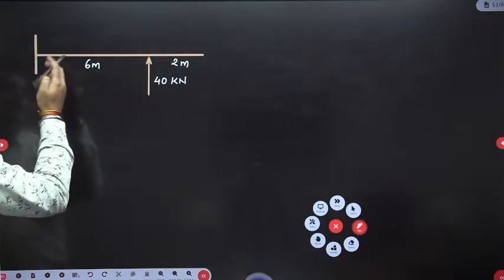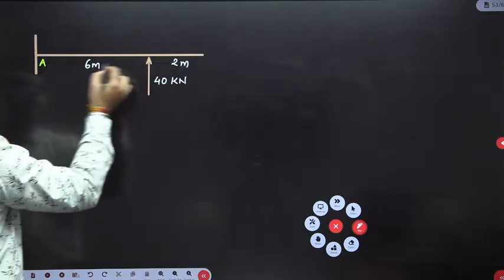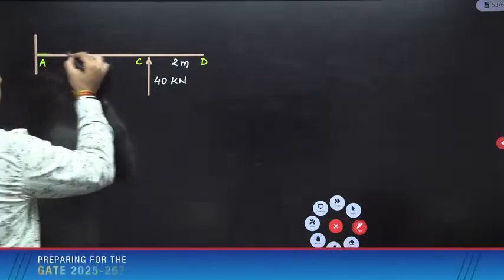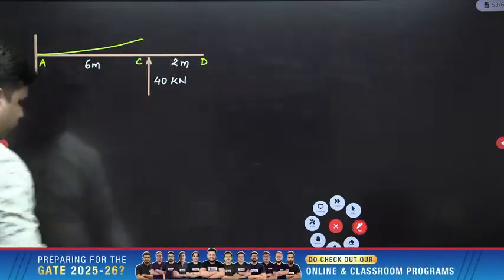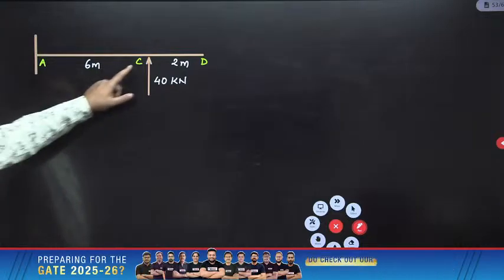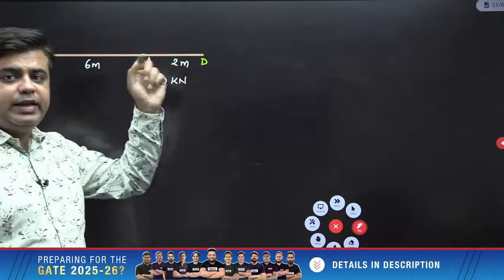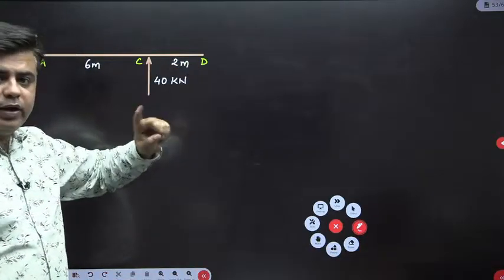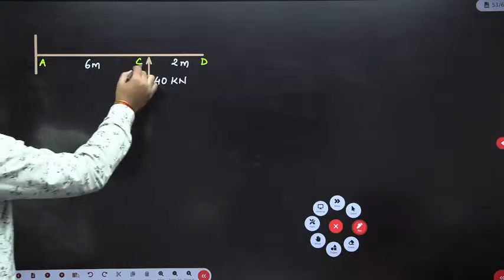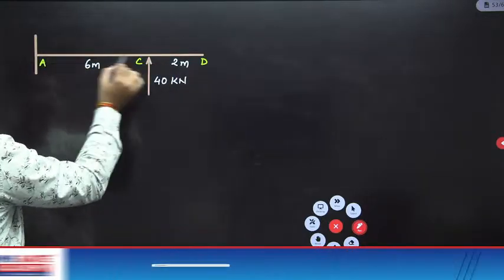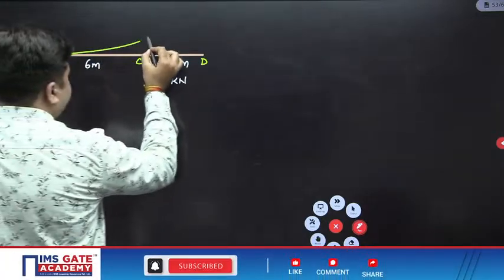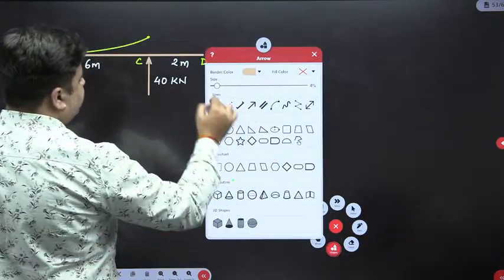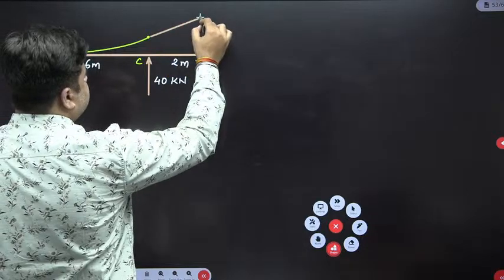This is A, this is C and this is D. This beam is going to deflect upwards. Now again it will deflect only up to point C, because this portion CD does not have any bending moment. So this CD will not bend. Only portion AC will bend like this. Beyond portion C, the beam will be in the form of a straight line like this.